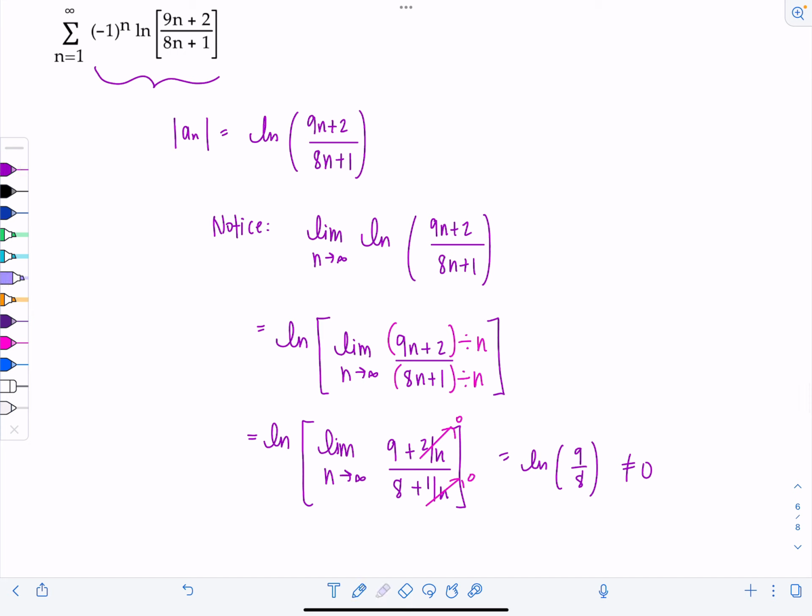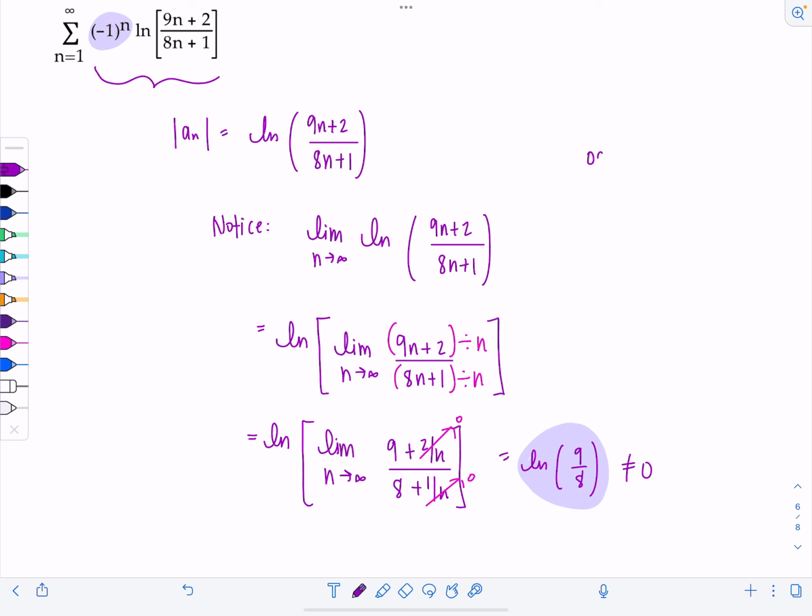So how would you summarize this? Well, this is an alternating series, okay? (-1)^n. I just took the limit of the absolute value, so a little bit more is going on. All of the odd terms, like n equals 1, 3, 5, 7, are going to have a minus sign in front of them.